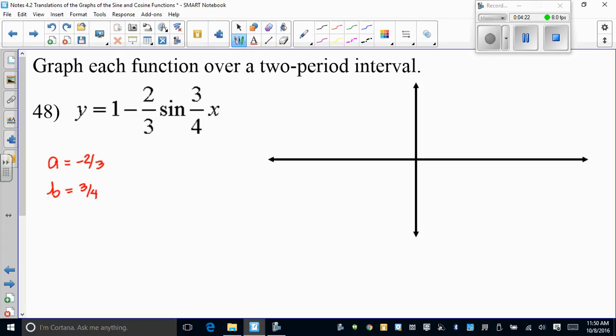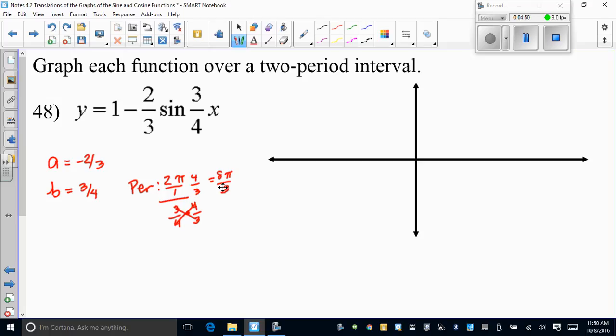So the period is going to be 2 pi divided by B. So 2 pi over 1 divided by 3 over 4. Multiply by reciprocal. Those cancel out, and we're left with 8 pi over 3.